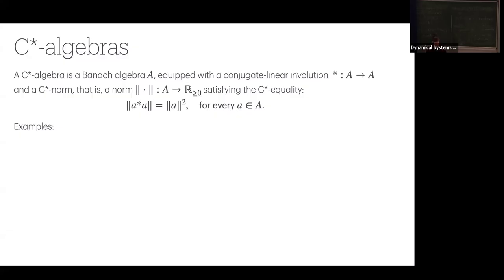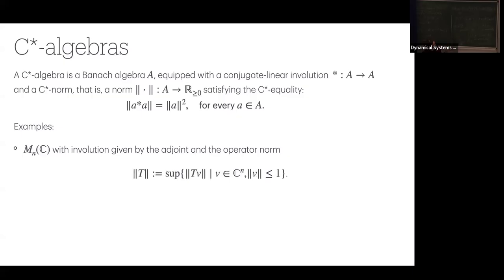Okay, so examples that you should keep in mind are matrix algebras over the complex numbers. And the involution is the obvious thing. We're just going to take the adjoint and we're going to use the operator norm, and versions of an operator norm are going to come up over and over again. I've already mentioned it in terms of bounded operators on Hilbert space.